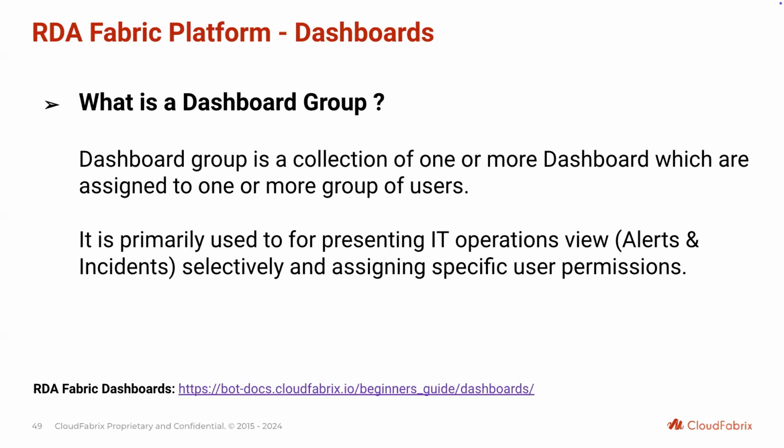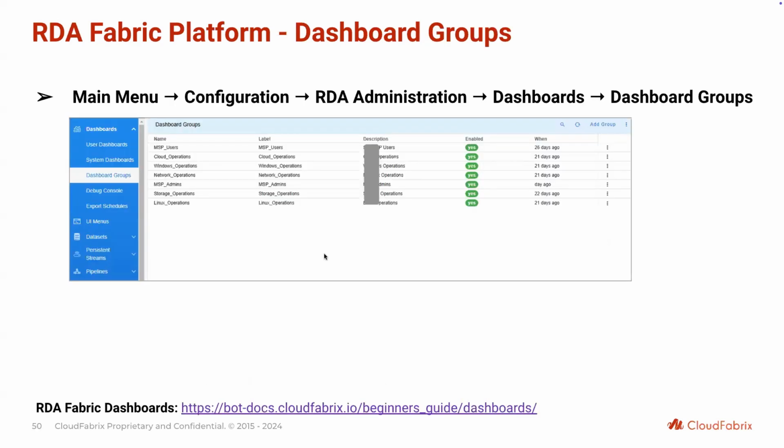It is primarily used for presenting the IT operations view, such as alerts and incidents or asset inventory for the different domains and topology, selectively assigning based on specific user permissions. Dashboard groups can be managed through RD administration and dashboards, and you have a dashboard group section. This is where you can create different dashboard groups based on the different personas.